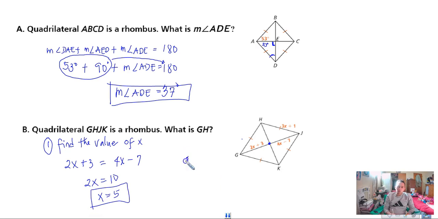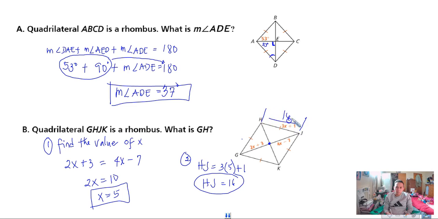Then step 2: HJ is equal to 3 times 5 plus 1. I'll repeat that. HJ is equal to 16, right? So we have our HJ here, which is equal to 16.